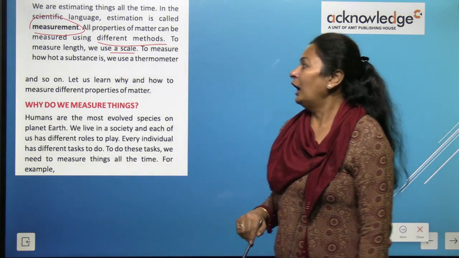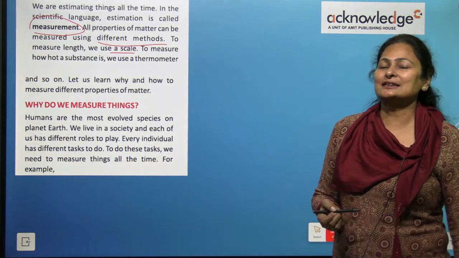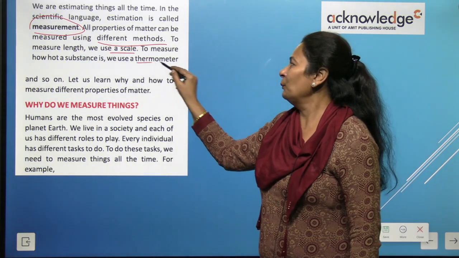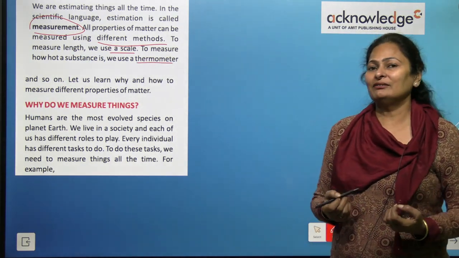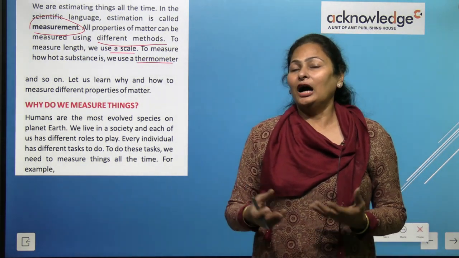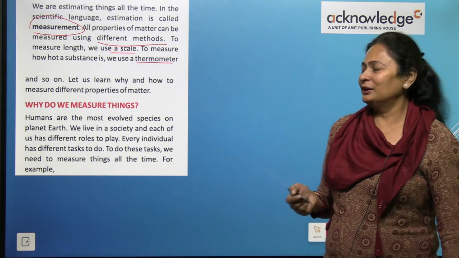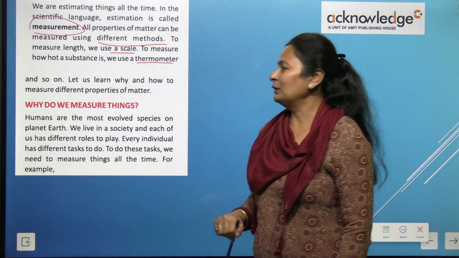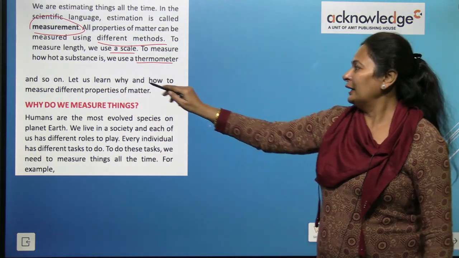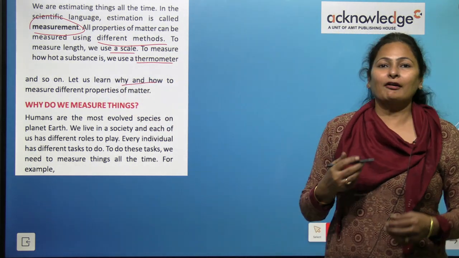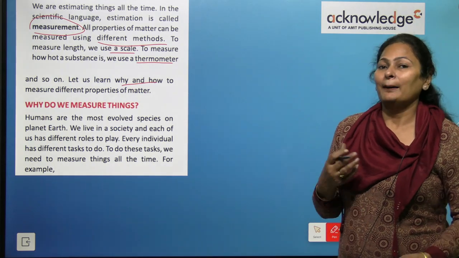To measure how hot a substance is, we use a thermometer. When we are sick and have fever, how do we measure it? We measure with the help of a thermometer only, and so on. So let us try and see how to measure different properties of matter.